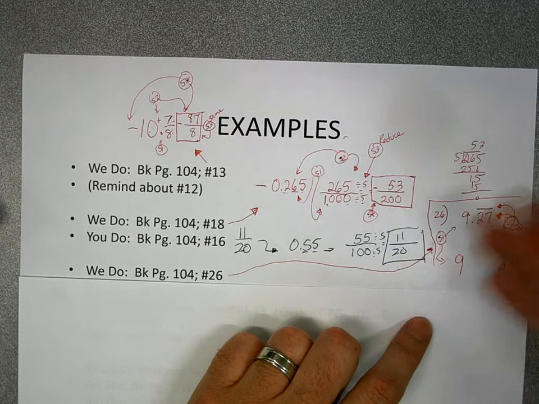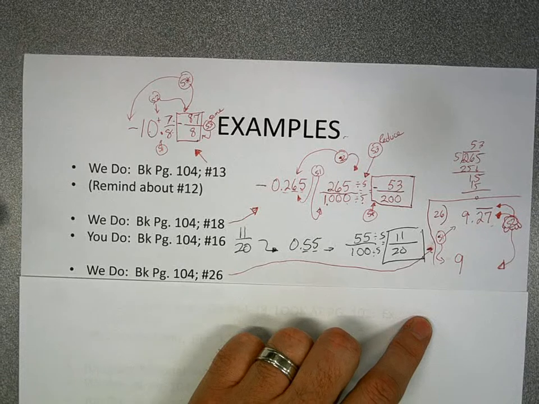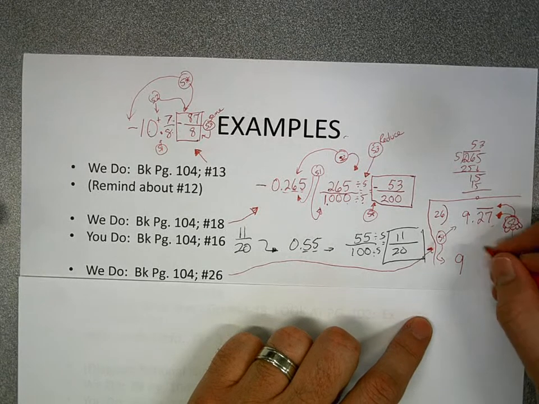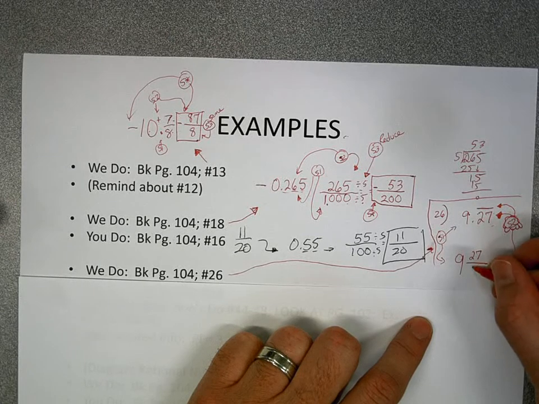However, the numerator ends up being the same. It's still 27. The denominator is what's different. To create the bar notation for it to repeat, you take 1 off of your denominator. So instead of 100, it's 99.